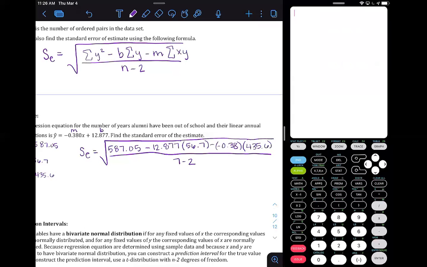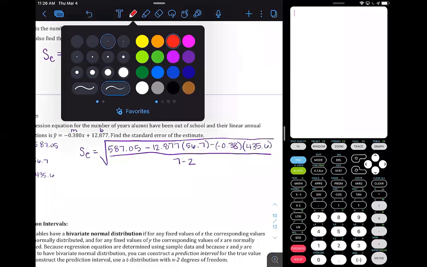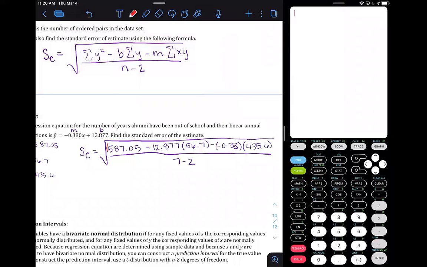Depending what kind of calculator you have, when you're doing the square root, if you have an older calculator, make sure that you are putting parentheses around your numerator and parentheses around your denominator. If you have a newer calculator, just leave it the way it is. Do your fraction. How about we do square root first, and then do your fraction.